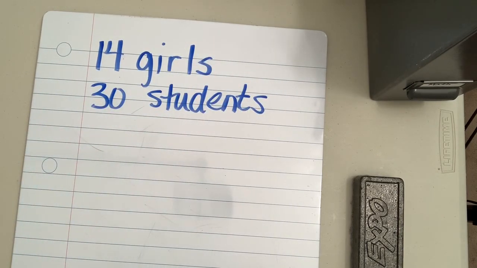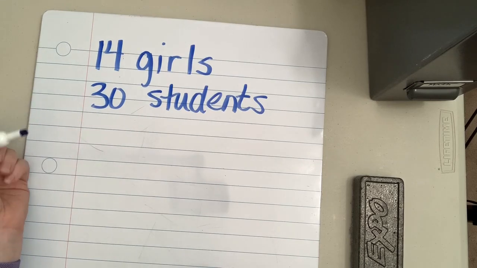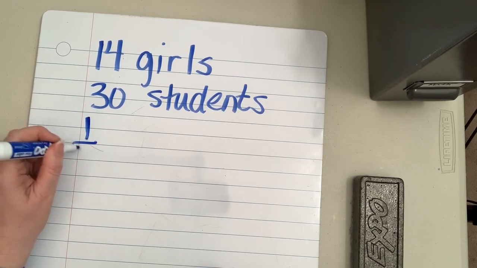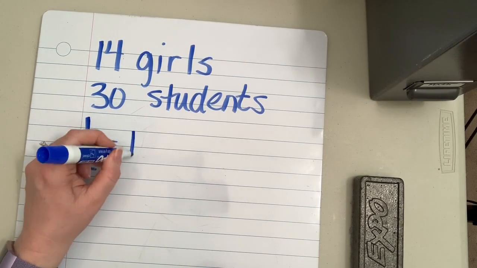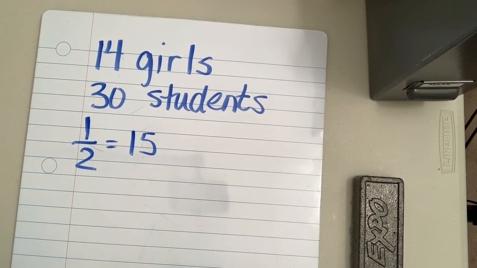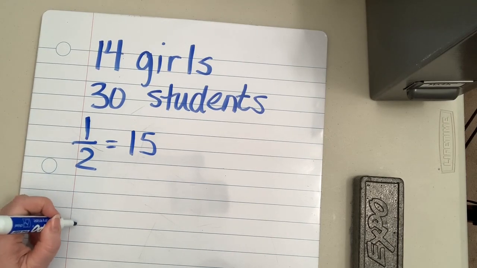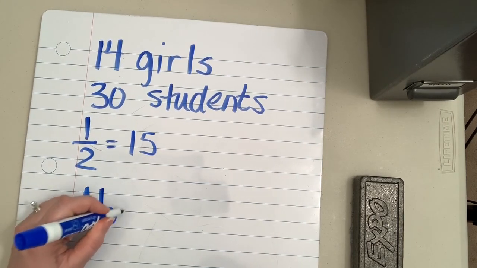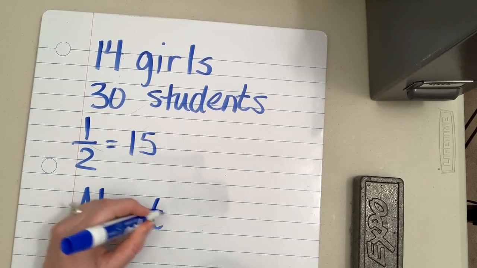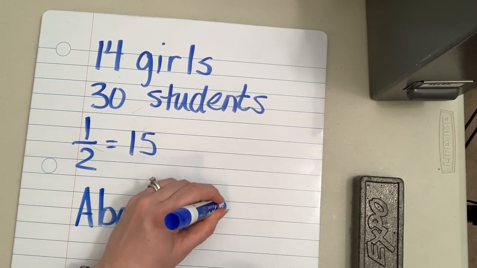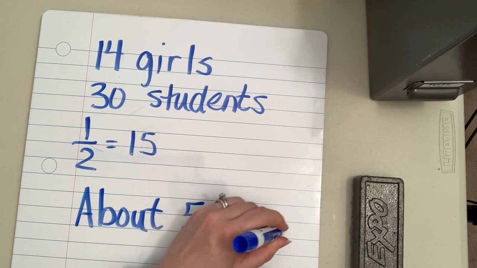Well, we have some benchmarks. 50% would be half. And so what would half of 30 be? Well, 1/2 of 30 would be 15. So could we say about 50% of the students are girls? Yes, we could, because it's an estimate. Always use the word about when you're doing an estimate. So about 50% are girls.